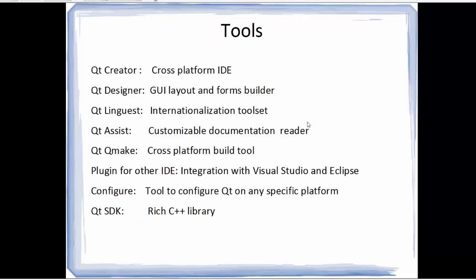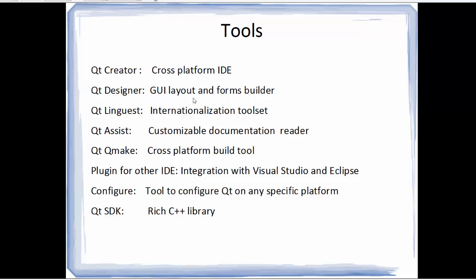Now, what are the tools which you will get whenever you download Qt? So Qt comes with its IDE, which is Qt Creator, which is a cross-platform IDE. If you don't know what IDE is, IDE stands for Integrated Development Environment. So the first tool which you will get when you install Qt is the Qt Creator IDE.